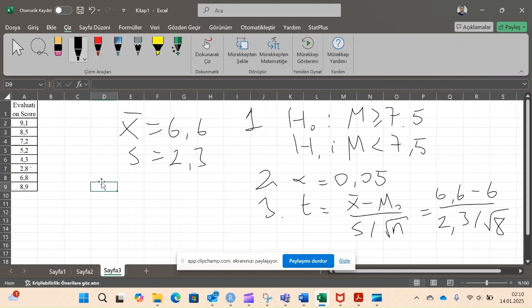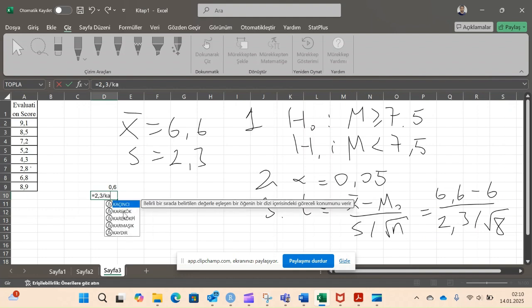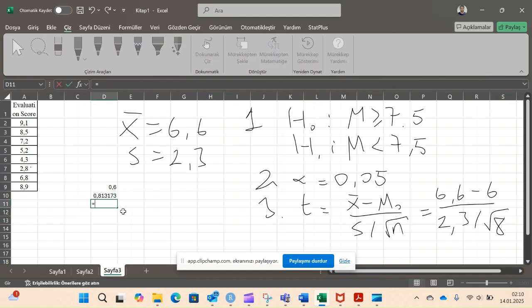So I'll calculate 6.6 minus 6, which is 0.6, divided by 2.3 divided by the square root of 8, which is 0.81, and that gives 0.73.